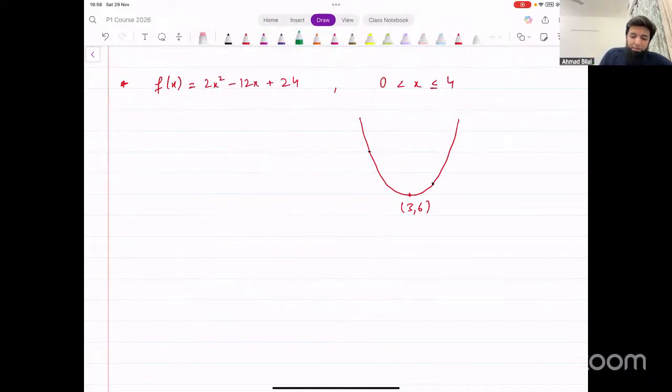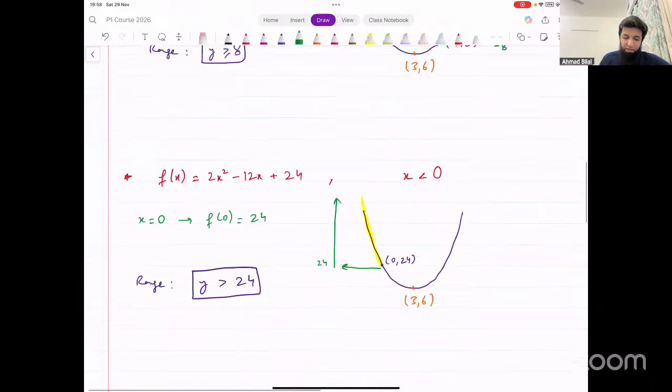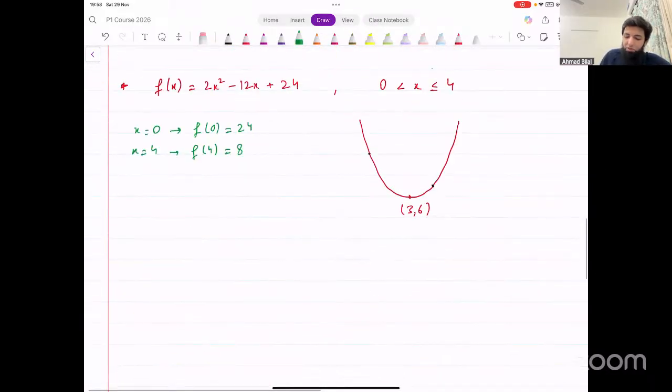What you can do is you can find the value of the function when x is equal to 0. So f of 0, that gives you 24. Then you find the value of the function when x is equal to 4. f of 4, we found this earlier as well. f of 4, what was that? 8. So you input those endpoints, find the corresponding y values, see what they turn out to be.